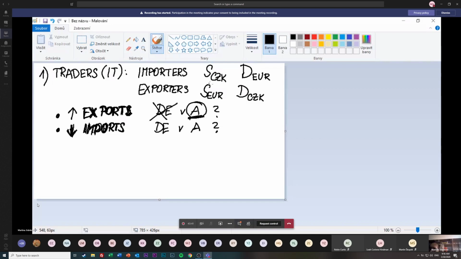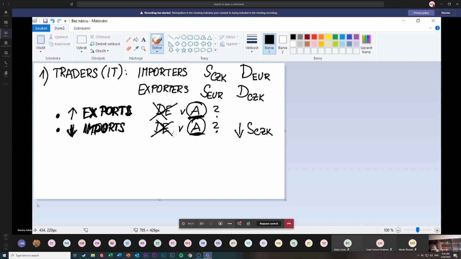So now I will give you 3 more situations. This time, you will not know exactly whether there is an increase or decrease in imports. There will be some situation from the economy. You should think about what it means for domestic exports and imports, and then decide depreciation or appreciation.